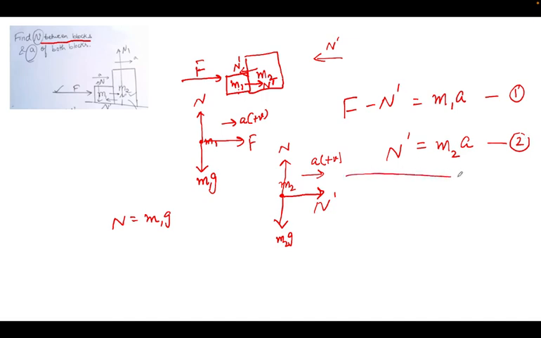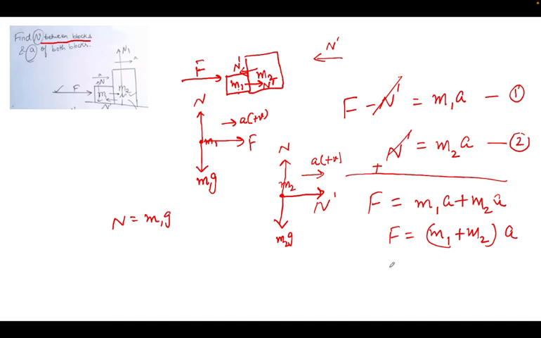So the second equation is n dash equals m2 into a. Adding these two equations, the n dash terms get cancelled. So the total force acting on these two blocks is m1a plus m2a, which we can write as m1 plus m2 into a.